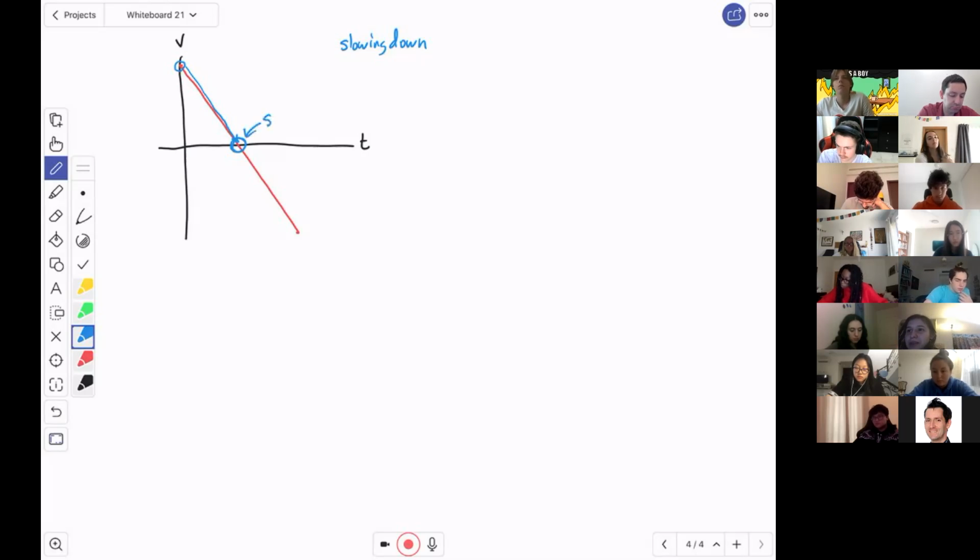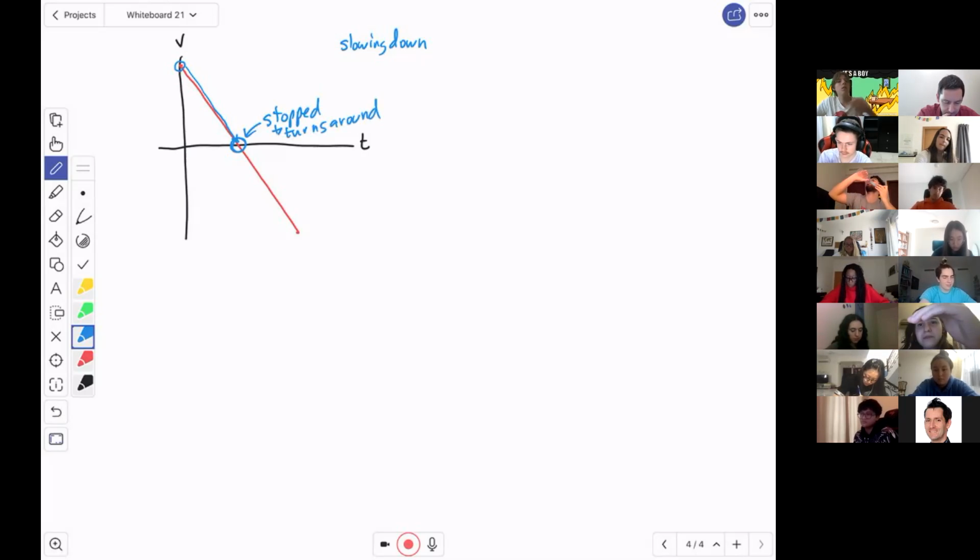It stops and then it turns around. Okay, how do I know it turns around? Because when you get to the negative part, you know how -1 is bigger than -3?